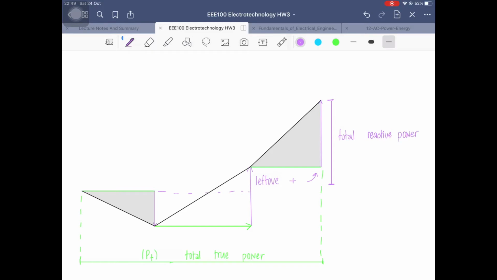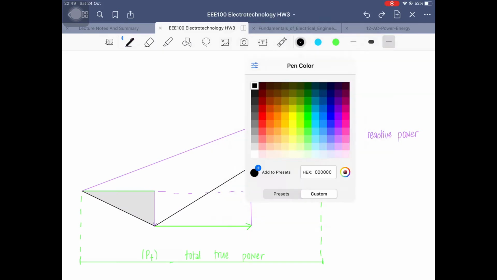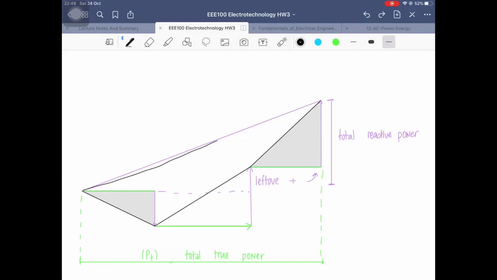So you just draw the apparent power S straight from one corner to the other corner. That's it. I will draw an actual triangle so you can see it more clearly. Yes, so this is what it is supposed to look like.